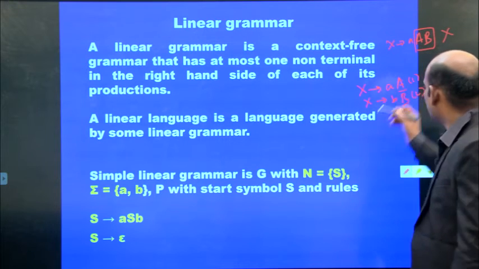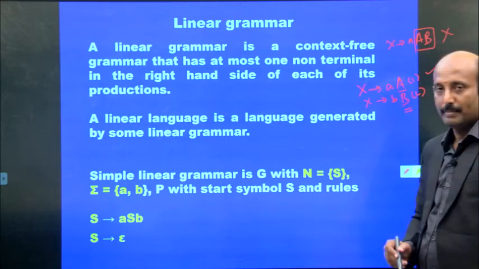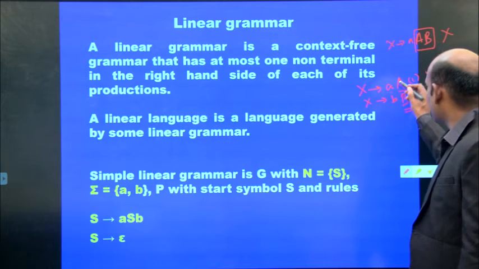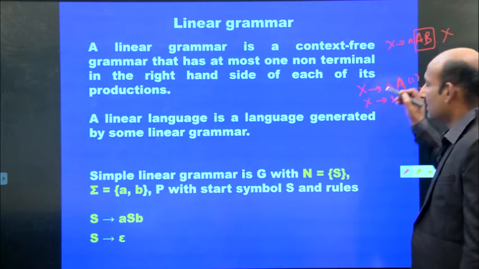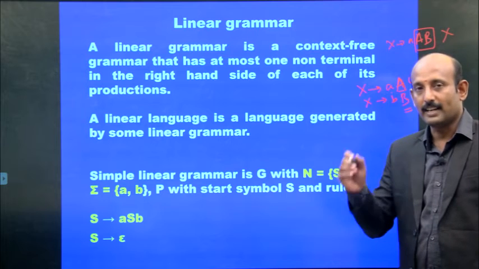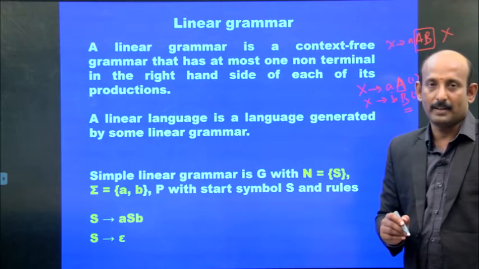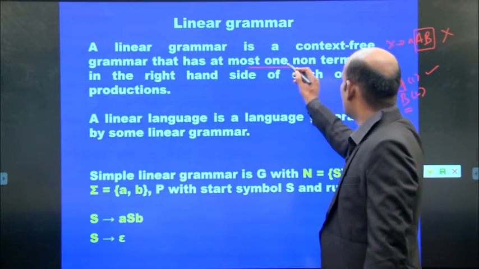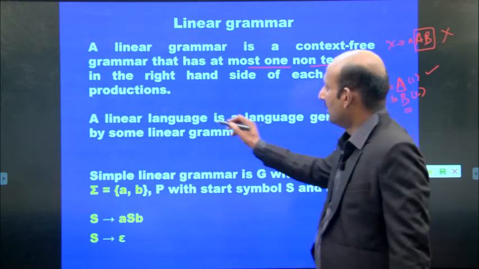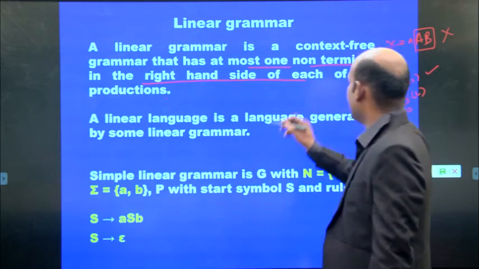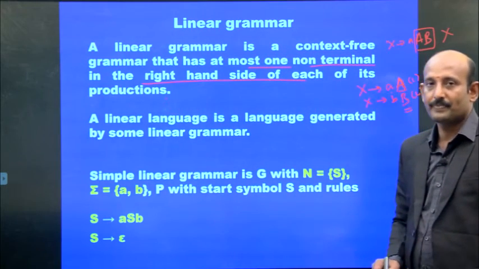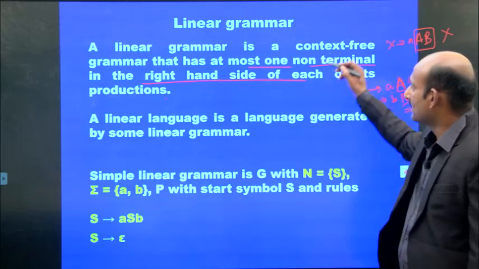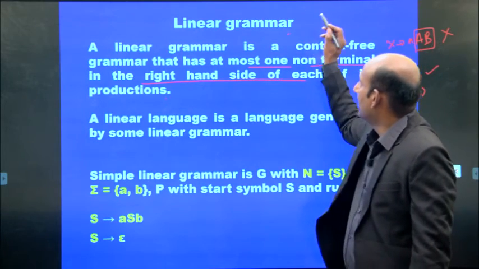This is correct, because the right hand side contains only one non-terminal. So at most one non-terminal on the right hand side of each production, then this grammar is called a linear grammar.